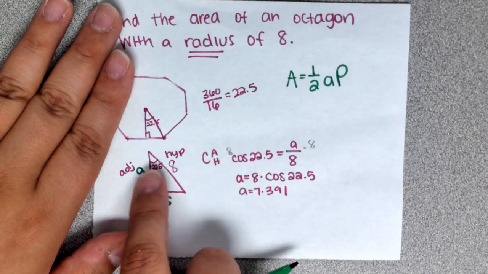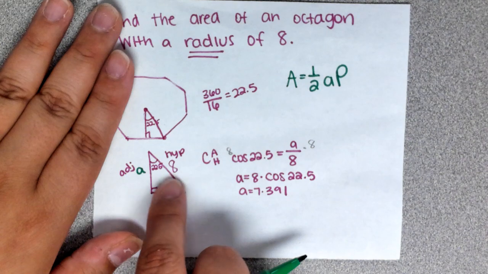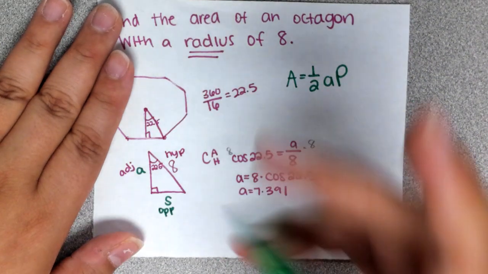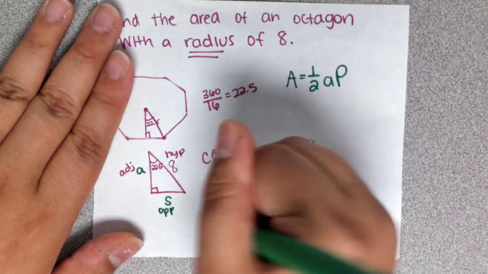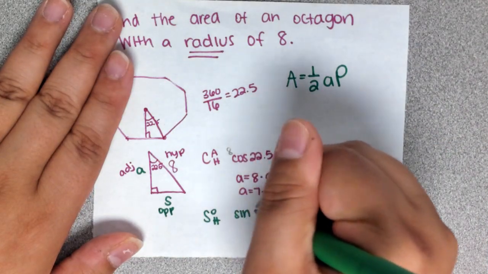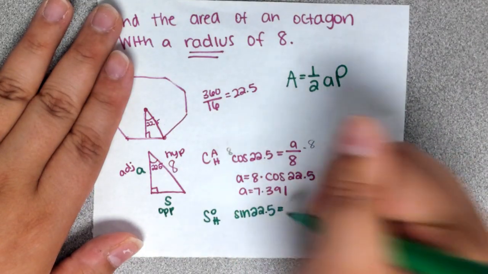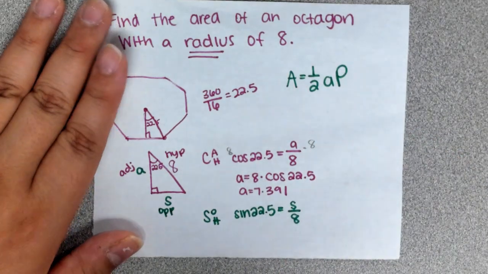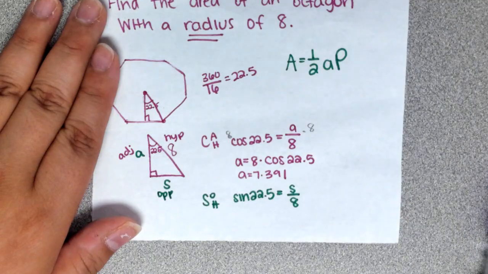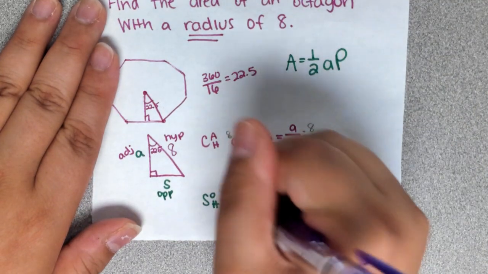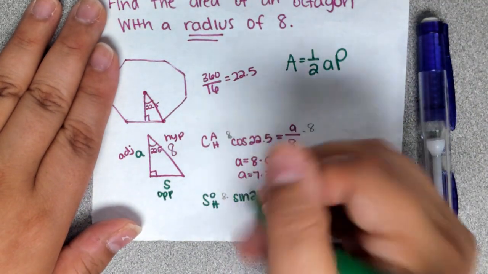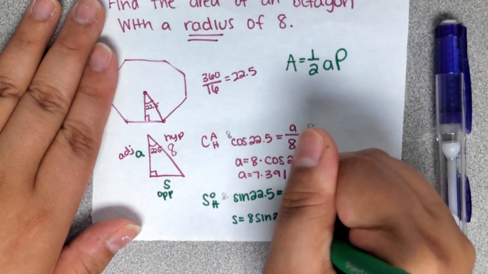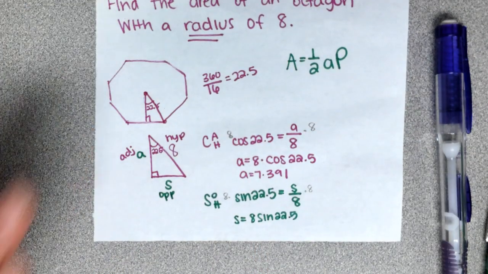You could use tan and you could use this a, but I would rather use the 8. So I'm going to use sine. I'm going to do opposite over hypotenuse. Again, you could use tan, but I would prefer to use the 8. So the sine of 22.5 equals opposite, which is s, over hypotenuse. And then again, my variable is up top, I can multiply. So in your calculator, please type in s equals 8 sine of 22.5.